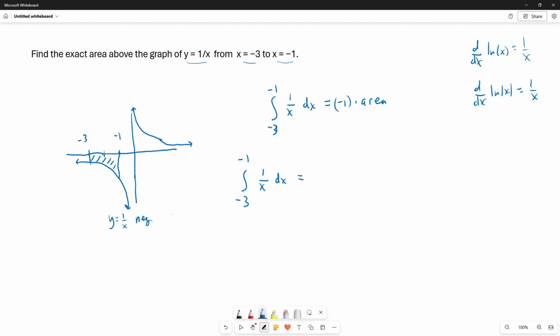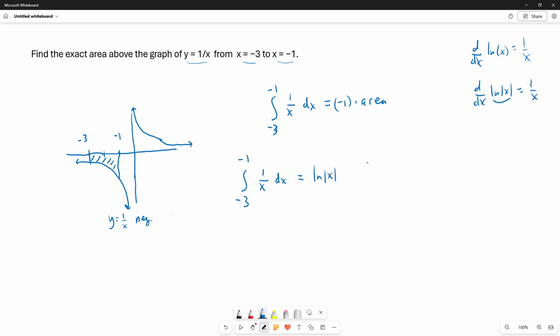If x is positive, then the absolute values don't matter and you just get this, but if x is negative, then by the chain rule, the derivative is still 1 over x. And we do have x being negative in this problem, and so it's very important that we write our antiderivative as natural log of absolute value of x.